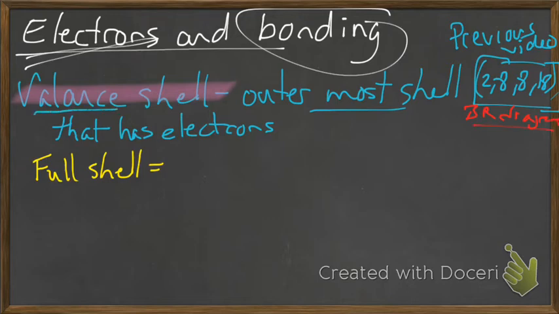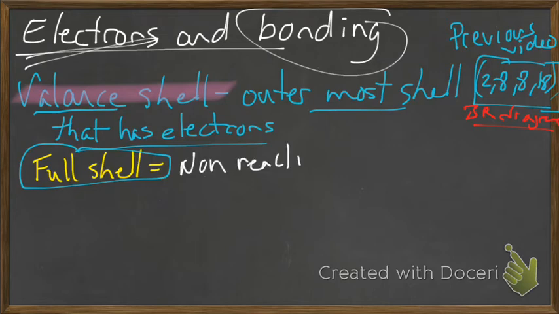So we talk about the valence shell. It's the outermost shell that has electrons. If you have a full valence shell, you are non-reactive. Another way of saying this is happy. Very happy with your full shell. You don't need anything else out of life, so you're going to be non-reactive.